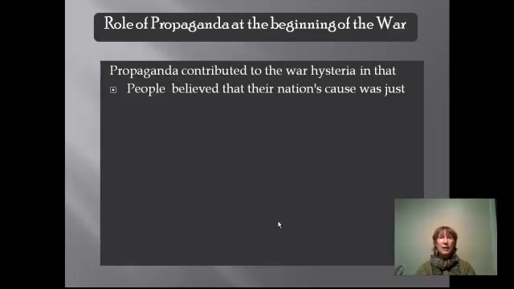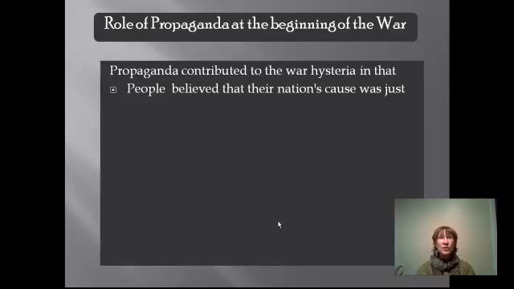For instance, even though you have not lived long enough to remember, in the last 15 years we have been object of propaganda. What we have been hearing from the government over and over and over: every time we go to war, our cause is just.